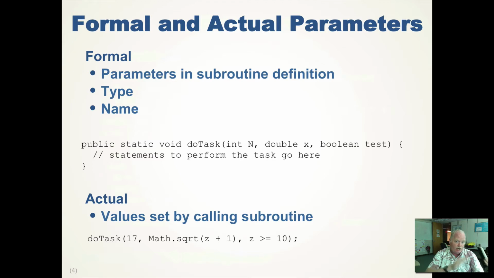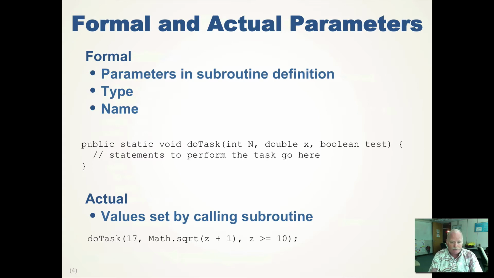So there's a concept of formal and actual parameters. The formal parameters are in the description or the definition of the subroutine. So that's the int n, double x, and boolean test that are the formal parameters that we define. The actual values are supplied by the code that calls the subroutine.